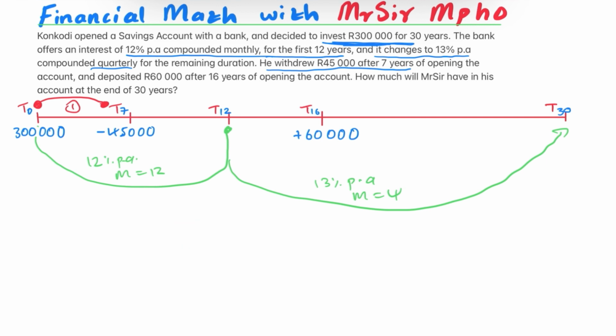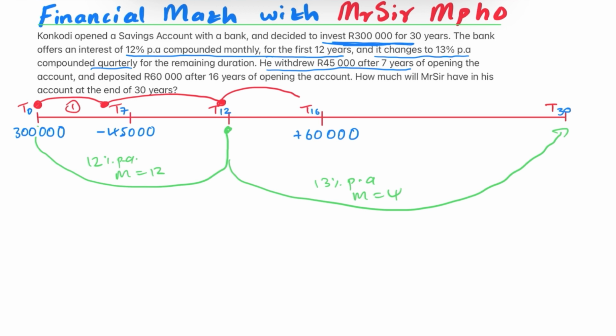Using the compound formula. So from T7, after subtracting 45,000, I'm going to move from T7 to T12 so that I can change my interest from 12% to 13%, from compounded monthly to compounded quarterly. Then after changing the interest, I'm going to grow my money again from T12 to T16.